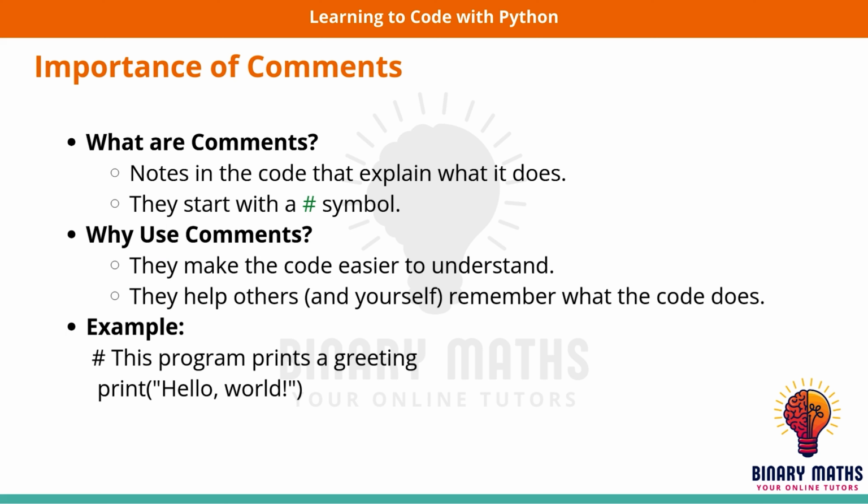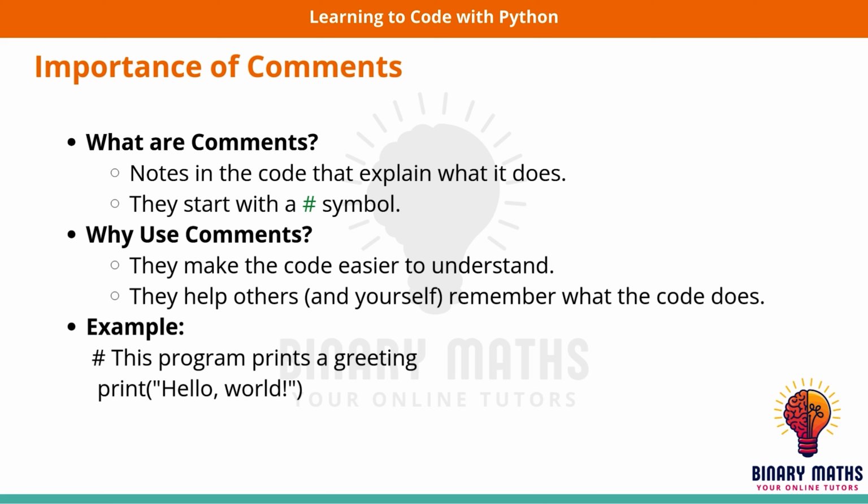Comments are notes you add to your code to explain what it does. They start with a hashtag symbol and are ignored by Python when the code runs. Comments are incredibly useful for making your code easier to understand, both for yourself and others who might read it later.